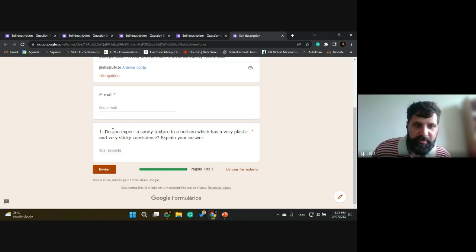As I follow the answers that you give me, you don't expect a sand texture in a horizon that has this kind of consistency, because a very plastic and very sticky horizon generally presents a high content of clay, and especially clays of high activity, because a very plastic and very sticky soil indicates that the particles which compose the fine fraction of soil have a high affinity between them, and between them and another object like my hand, like my fingers.